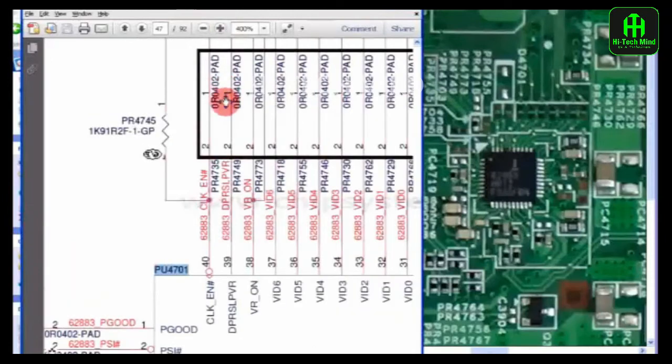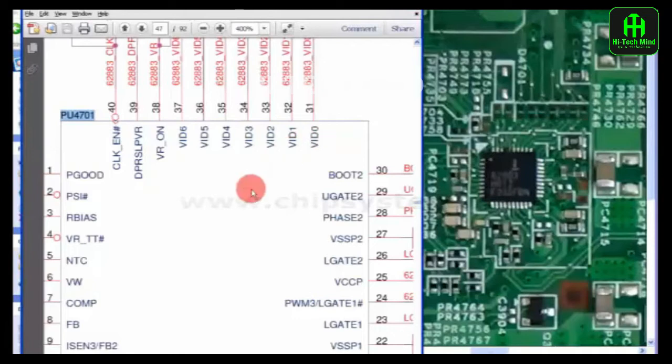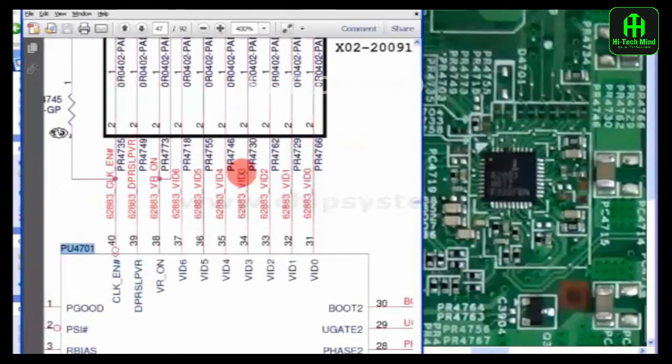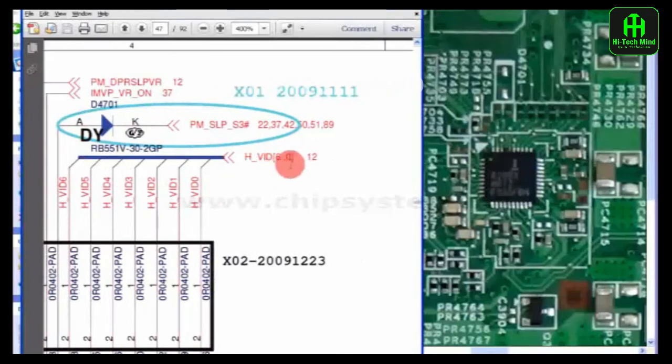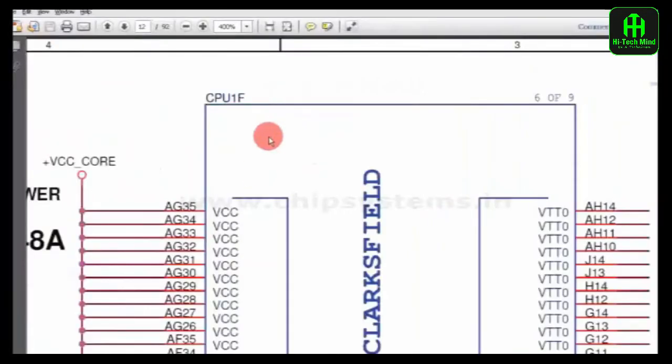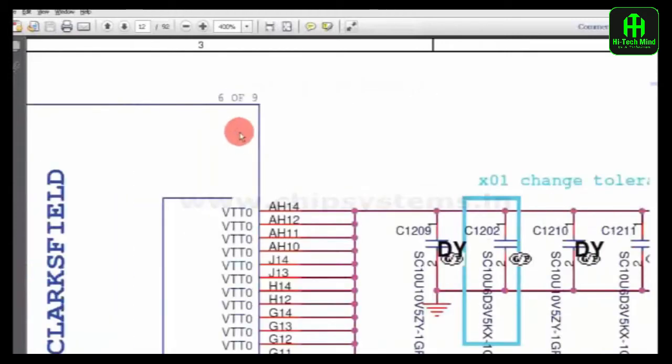It is mentioned as VID, the voltage identification code. This signal comes from the CPU. See here, host VID voltage ID from page number 12. This is page number 12, the CPU interface and CPU pinouts.